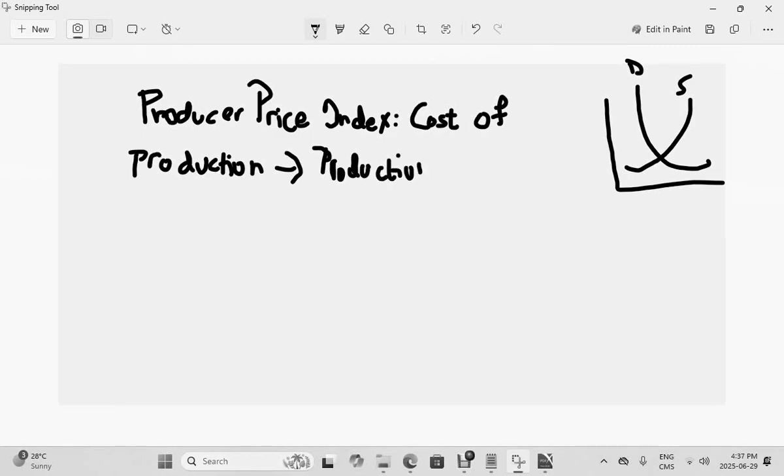When it comes to production patterns, we know that as the cost of production goes up, the production, the output, will go down. As the production goes down, we know that the producer price index will take a hit.